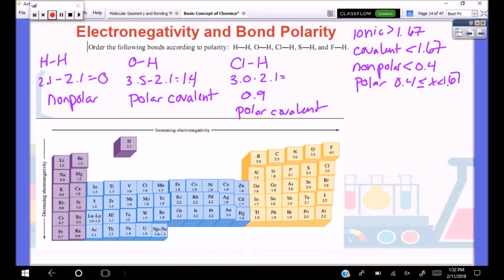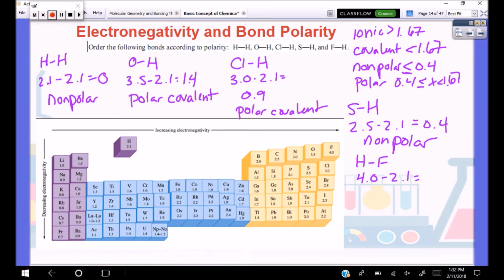And then let's keep going. So SH is 2.5 minus 2.1. This is exactly 0.4. So that one, you could probably make an argument for that being nonpolar. It's right on the line there. It's not greater than, so you could say greater than or equal to. Probably safe bet that's not nonpolar. And then HF, we've got 4.0 minus 2.1. This is going to be 1.9. This is actually ionic.